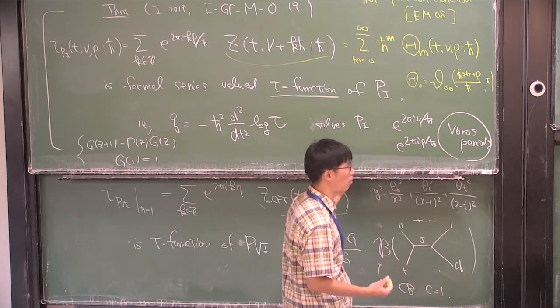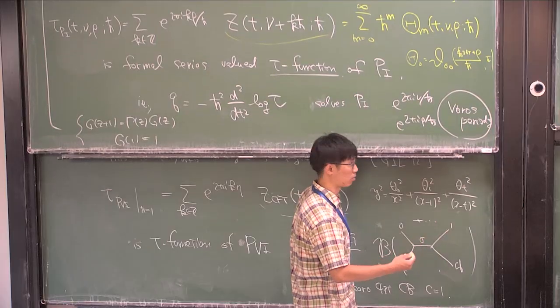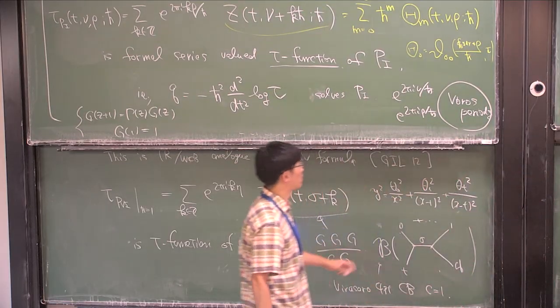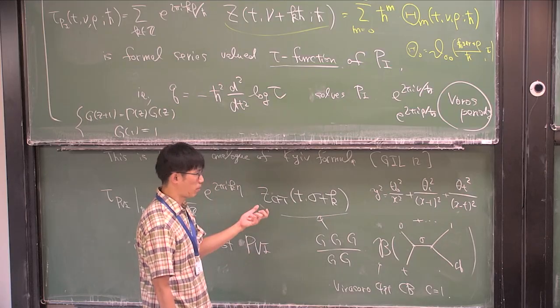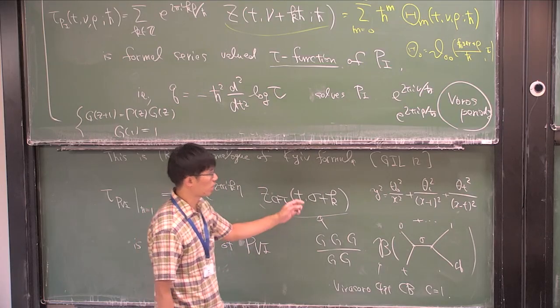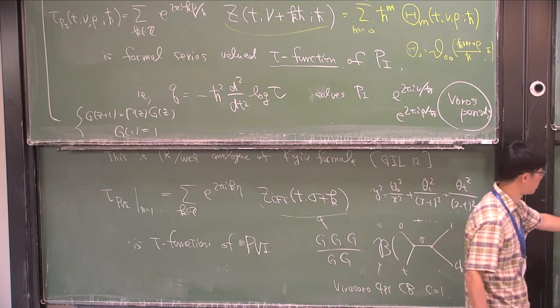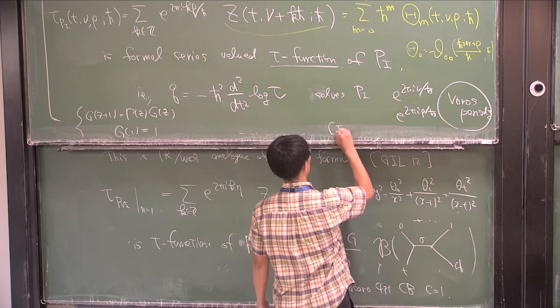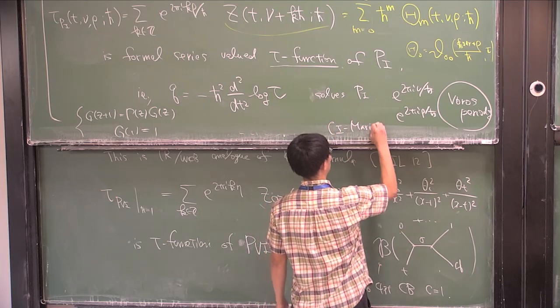And we could compare such a cluster transformation with a Stokes phenomenon for the tau function. This is what I did with Marcos Mariño. So the nonlinear Stokes phenomena for the tau function or irregular conformal block has a deep relation to the cluster transformation. I don't have time to explain.